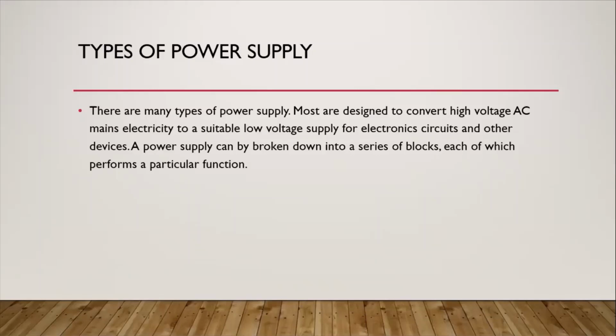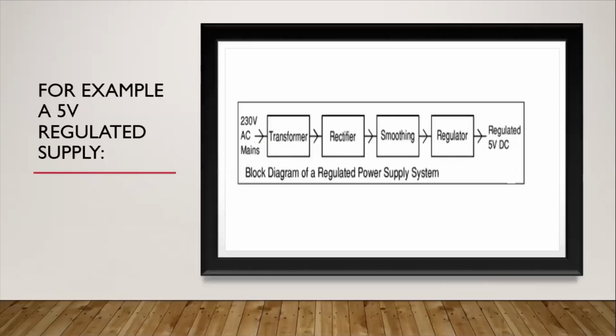A power supply can be broken down into a series of blocks, each of which performs a particular function. Okay, ito na yung mga block diagram ng power supply. We will discuss it later. For example, meron tayong 5 volts regulated power supply. Makikita natin sa block diagram.